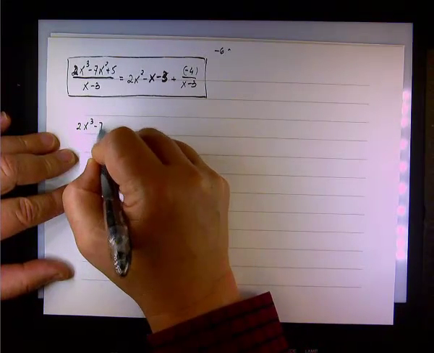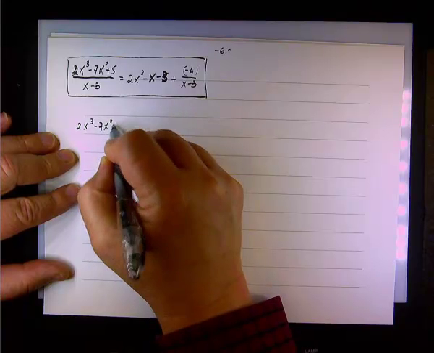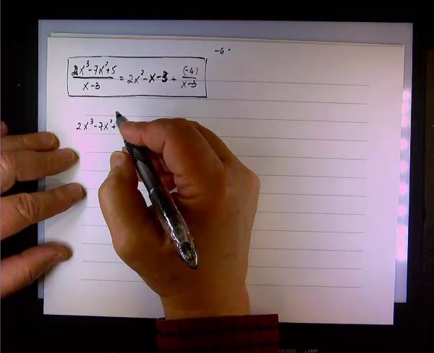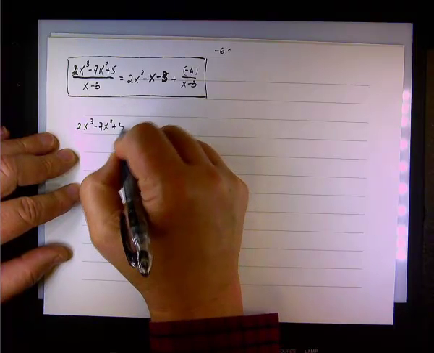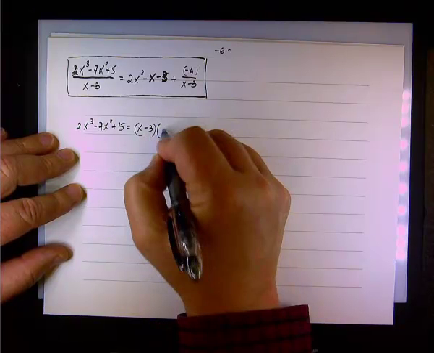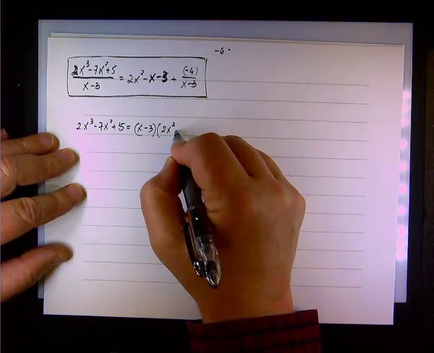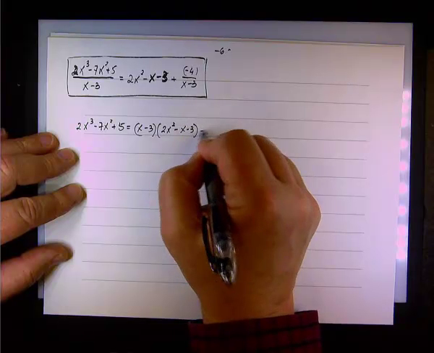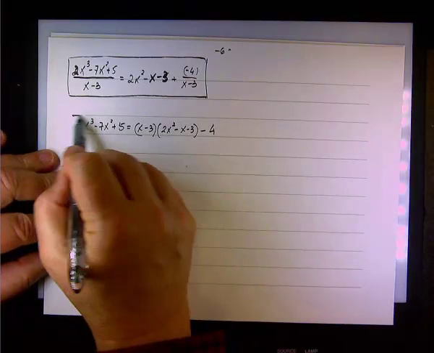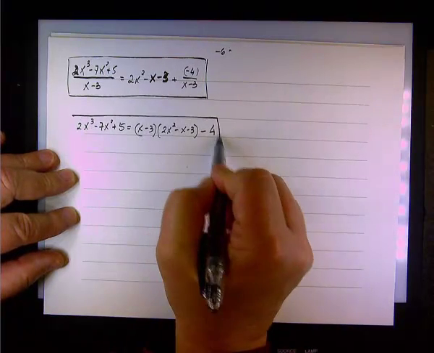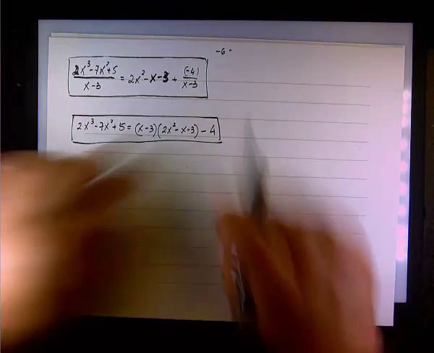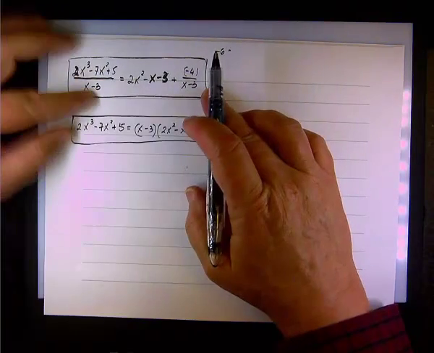And I can write it as 2x cubed minus 7x squared plus 5 is x minus 3 times the quadratic 2x squared minus x minus 3 plus the remainder, or minus the remainder 4, like so.